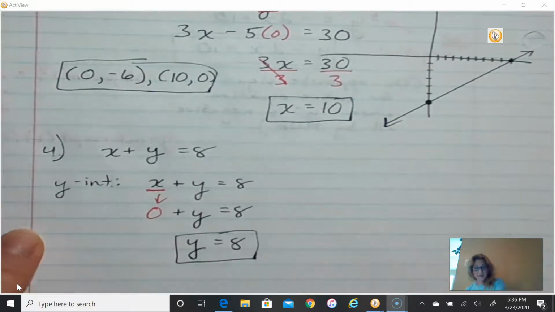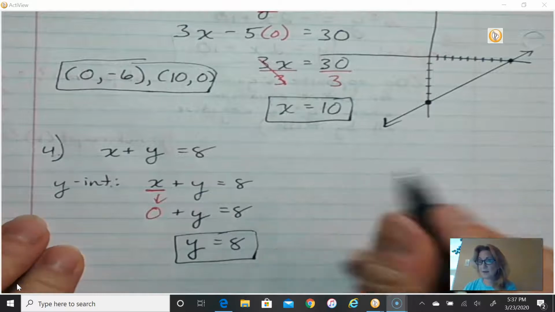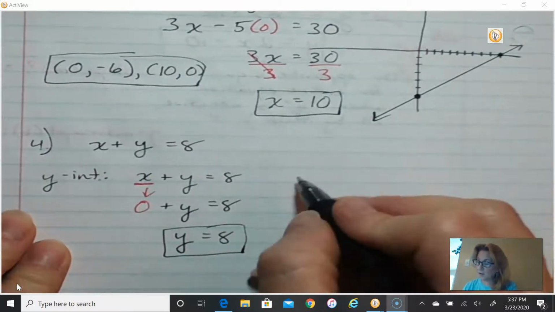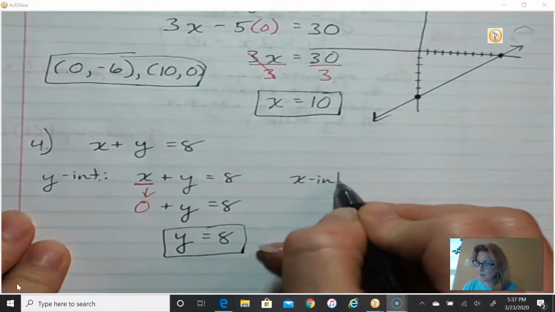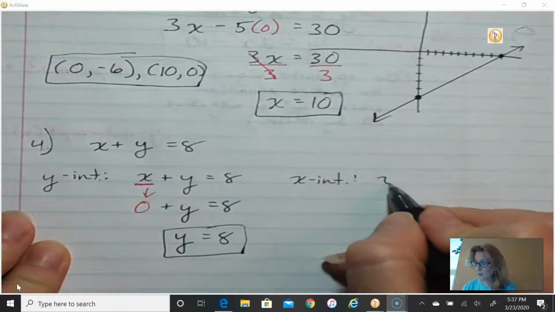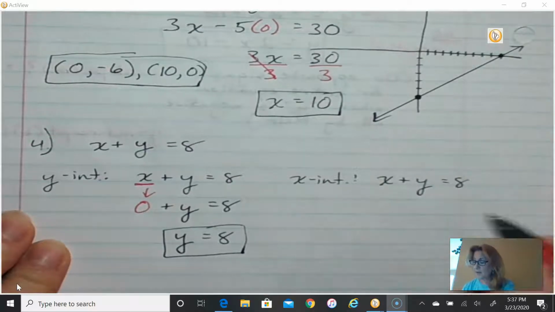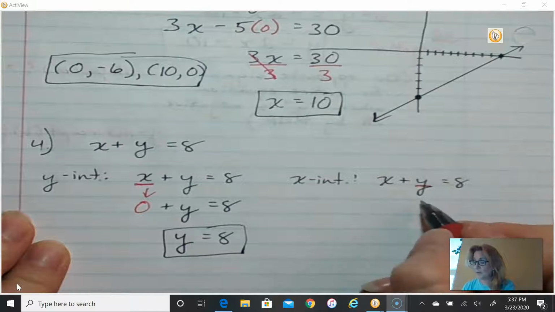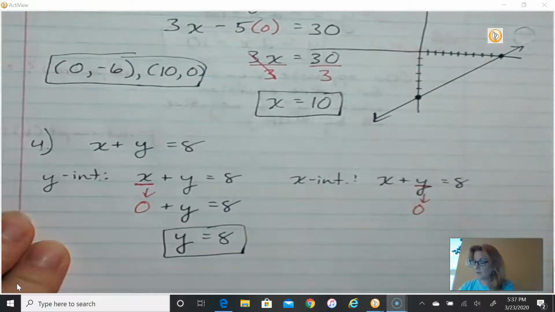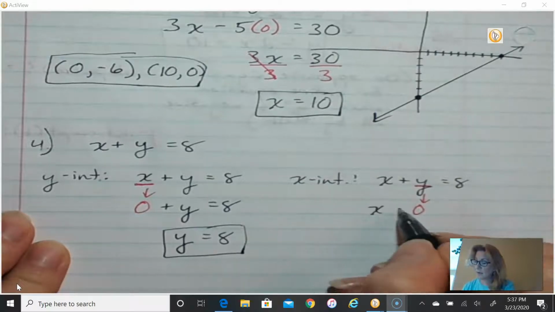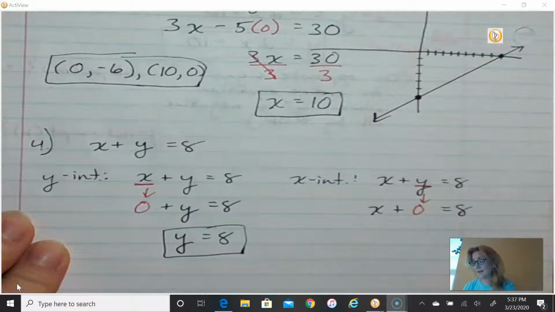There's your y-intercept. Now, the x-intercept. I'm going to rewrite my equation. This time we're going to sub 0 for y. X plus 0 equals 8.